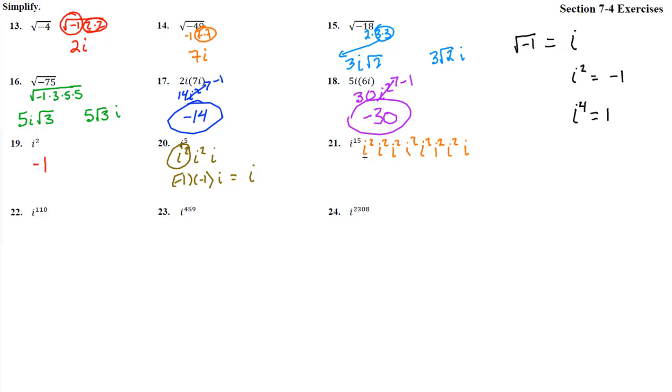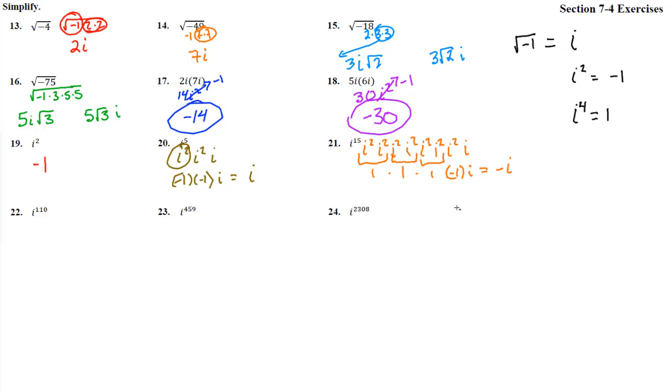So we get a -1, -1. So that's going to be 1. -1, -1. There's another 1 times 1 times 1 times -1 times i. So that's just -1 times i.